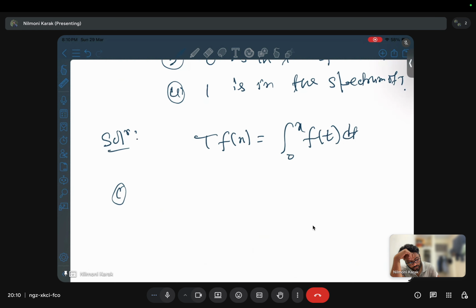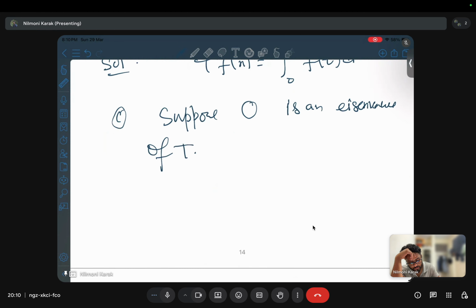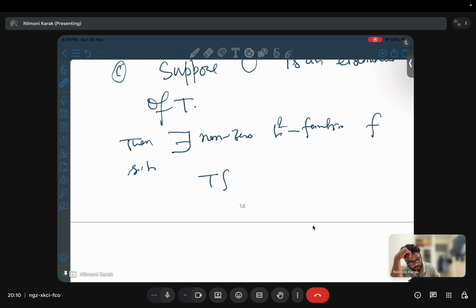Suppose 0 is an eigenvalue of T. Then there exists a non-zero L2 function f such that the integral of f(t) dt from 0 to x equals 0 for all x belongs to 0 to 1.